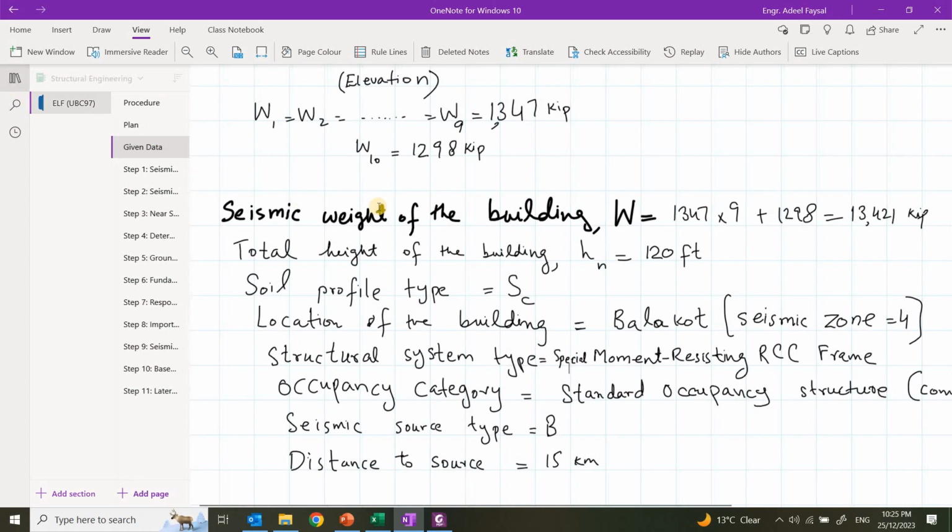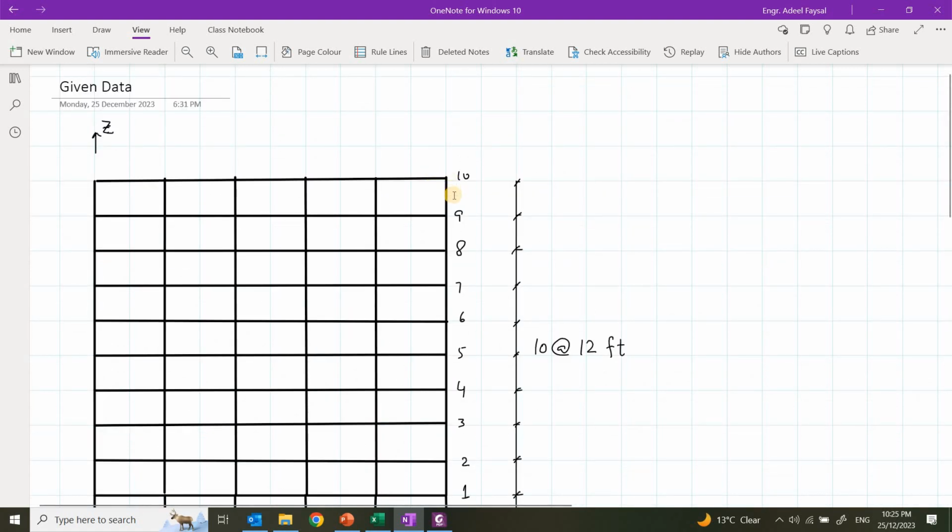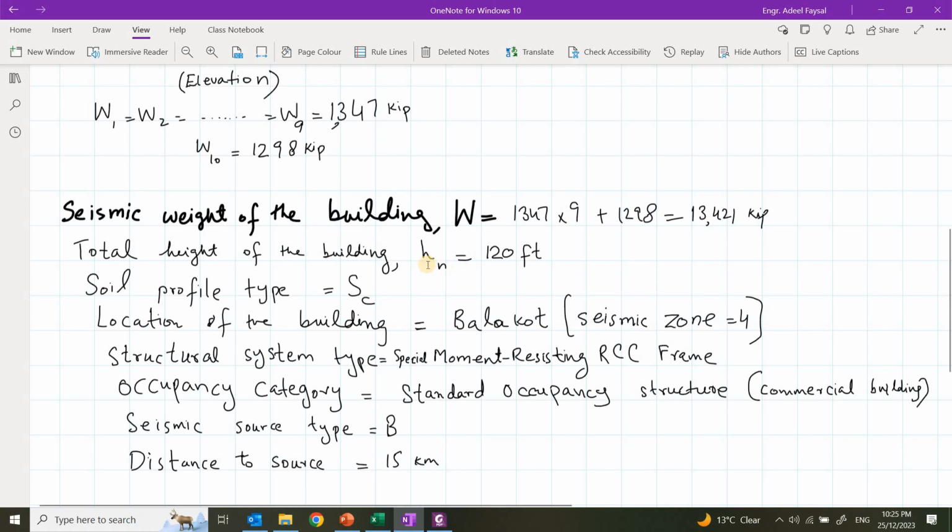So the seismic weight of the building is 13421. This is the total seismic weight of the building, 13421. The total height of the building, as we discussed, is 120 feet. N is the highest level number, so it is represented by HN, 120 feet.